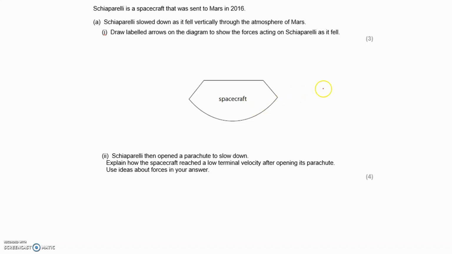Okay, now notice here there are 3 marks for this question, so we'll just put a dot in the center of the spacecraft, and it says that the spacecraft slowed down as it fell. So we've got the weight of the craft, and we'll label that W. Now if the spacecraft is slowing down, if it's decelerating, then there must be a resultant force acting upwards.